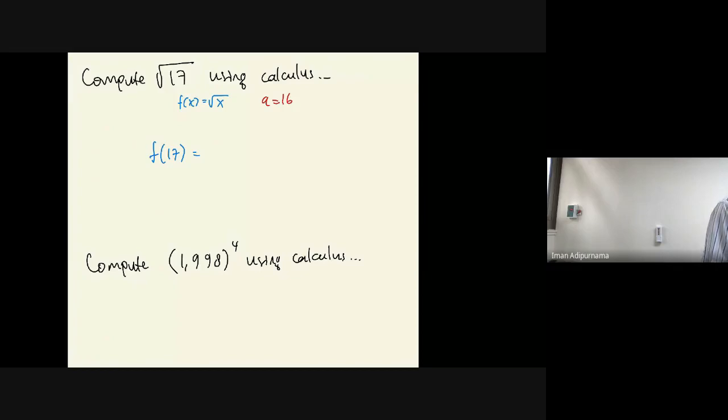So this will be square root of 16 plus 1 over 2 square root of 16, and the difference is 17 minus 16. So it will be 4 plus 1 over 8.